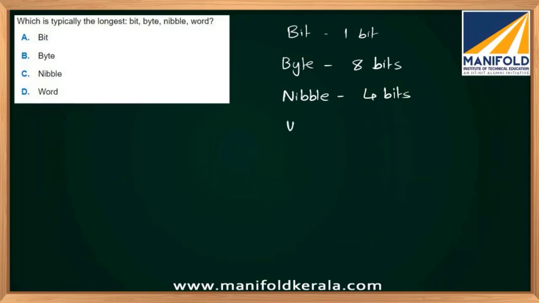And what about word finally? Word is usually 16 bits, right? Most of the times we refer to word as 16 bits. There are occasions where word is not 16 bits. When you learn computer architecture and organization, sometimes they might give word size as something else, but usually when you see word, it refers to 16 bits.